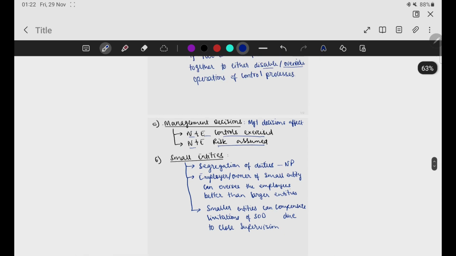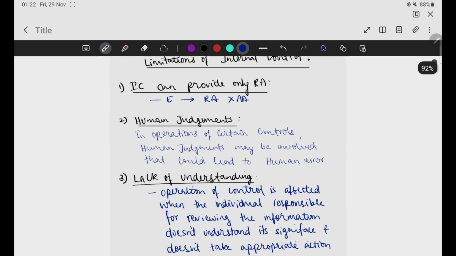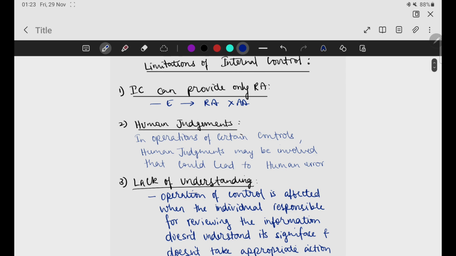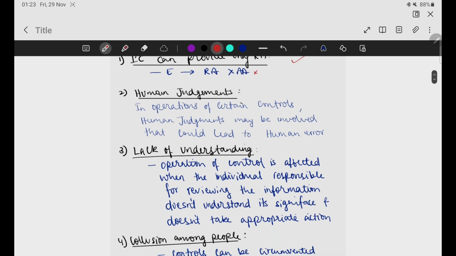I'll just go through this fairly quickly. The first point was that internal control can provide only reasonable assurance, and it cannot provide absolute assurance. The second one is relating to human judgment. In the operations of certain controls, human judgments may be involved, and that could lead to human error.